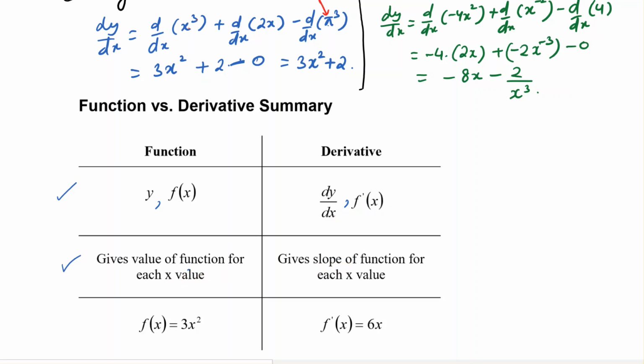The derivative gives us the slope of the function for each x value, and this is also a function of x. They both are variable. But if you want the slope at a particular point, you can plug in the value of x and find the slope at that point. Similarly, if you want the value of a function at a particular point, you can just evaluate the function at that x value.